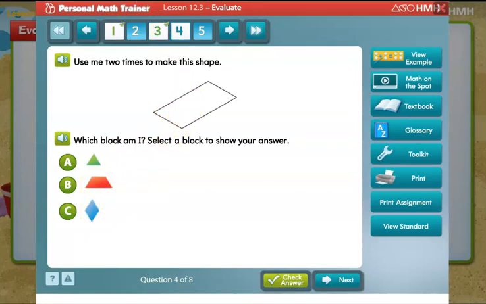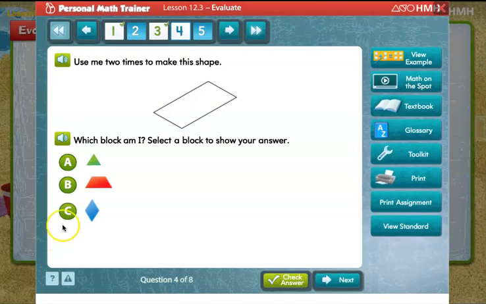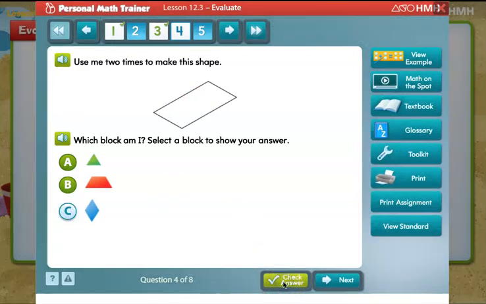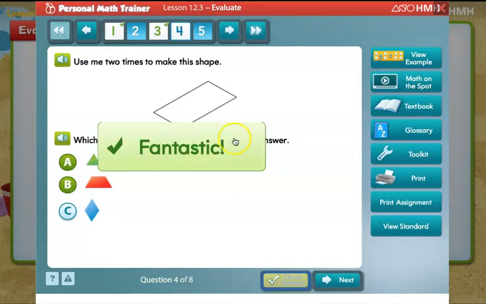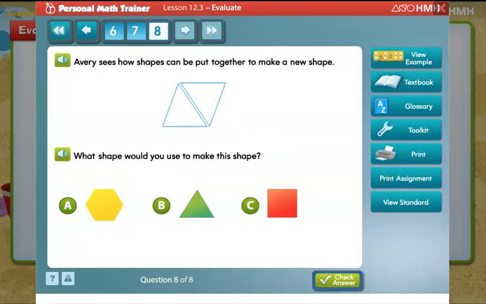If you would use 2 diamonds, it would be the diamonds. Fantastic!